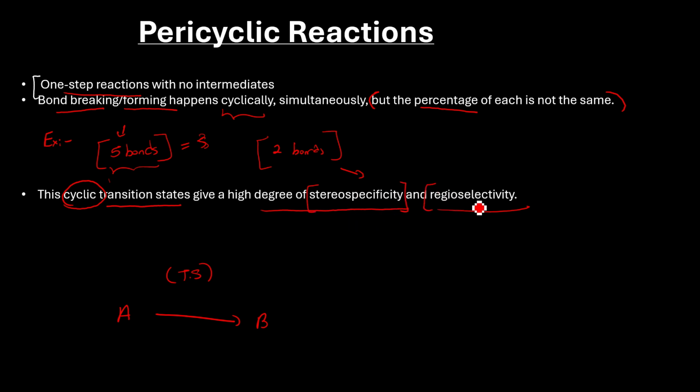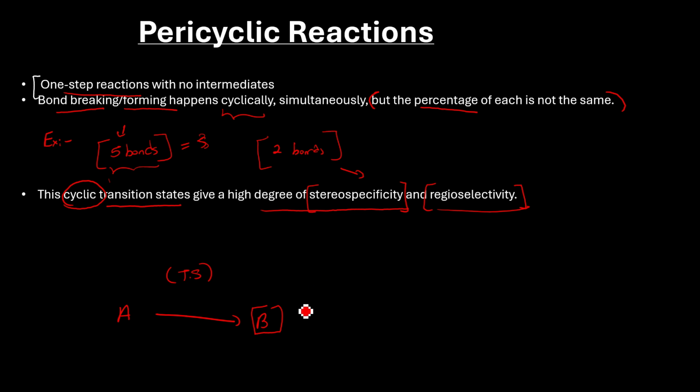stereospecificity and regioselectivity. Stereospecificity means, if we think about a particular pericyclic reaction and we have a certain product B, let's say this product has stereoisomers. But in the reaction, we can choose one particular isomer.